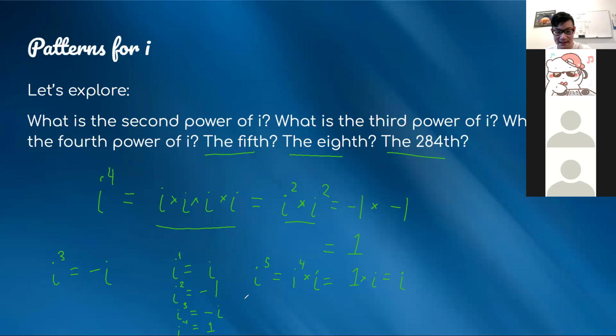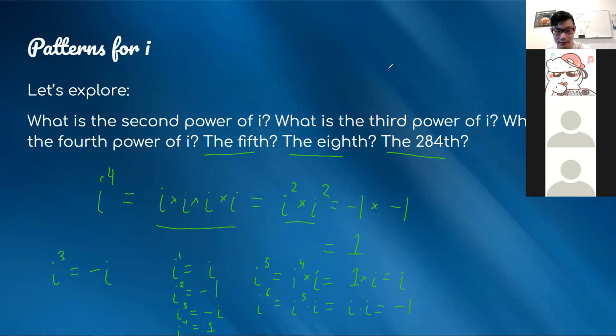And if this is i, then we know that i to the sixth power is just i to the fifth power times i, which is i times i. And we know that i times i is i squared, which is -1.